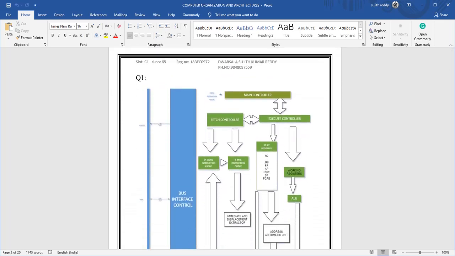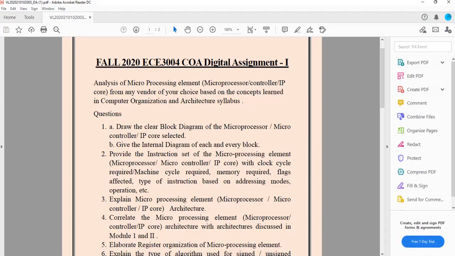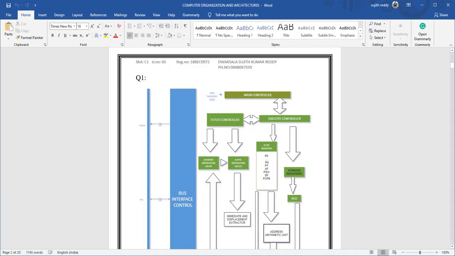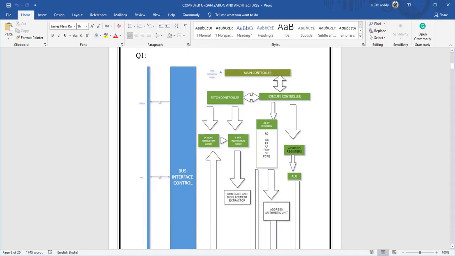So our first question is: draw the clear block diagram of the microprocessor or controller selected and give the internal diagram of each block. Here the first half, in blue color, is our microprocessor, and this is the inside diagram of it. This is the core.